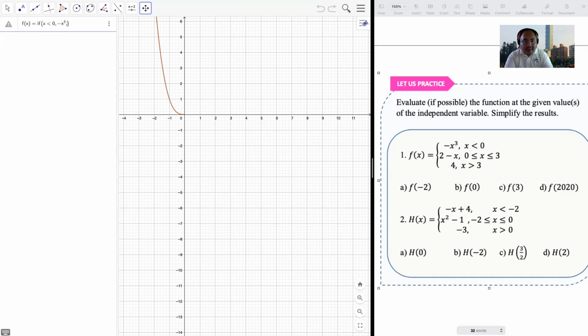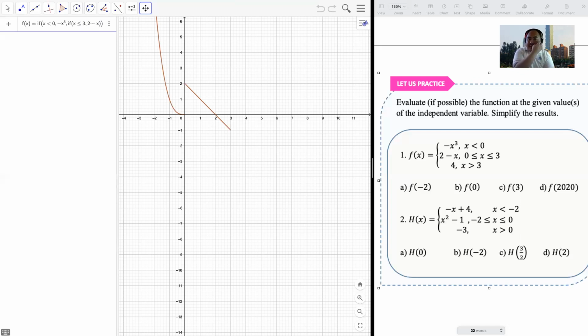And then you introduce another if. If it is less than or equal to 3, so you are telling GeoGebra now, if x is less than or equal to 3, you graph 2 minus x.